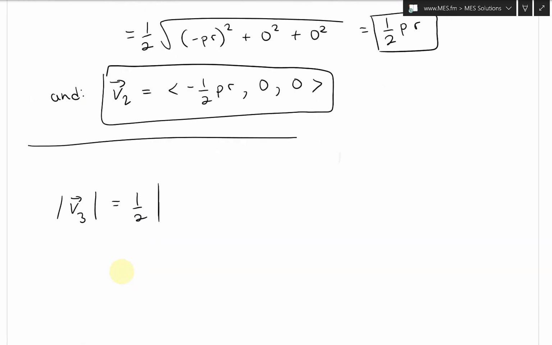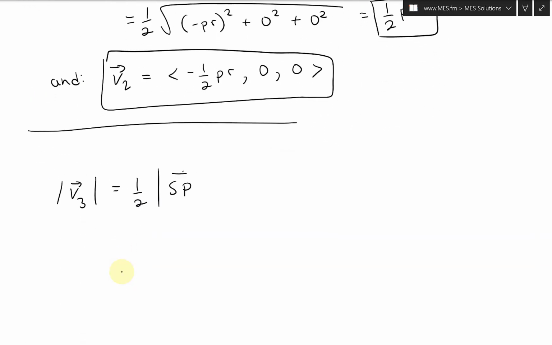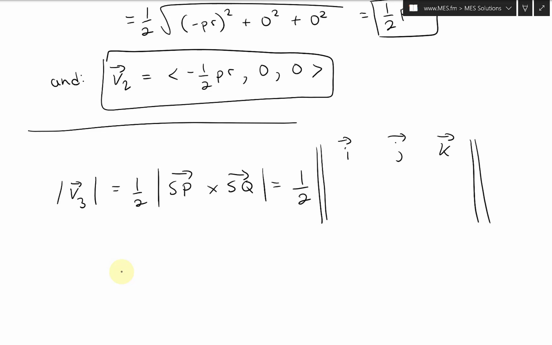So SP cross SQ, like this. And now this equals to 1/2 and then length determinant I, J, K. All right, so we have that.